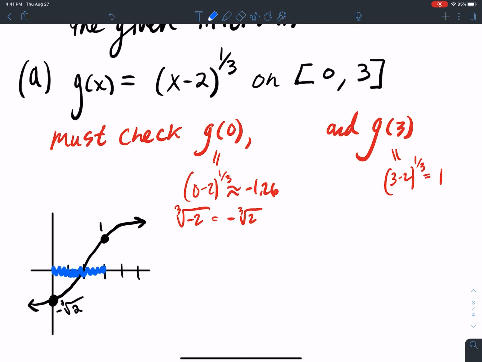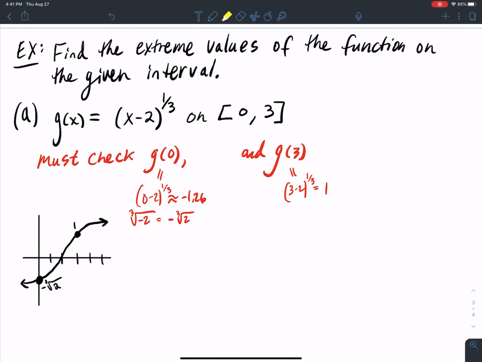So we only care about the curve from here to here. So this is a closed interval. It definitely looks like we're going to have an easy absolute max and min here. It looks like it's just going to be this value and this value, right? But we need to follow through with the Clark way steps.